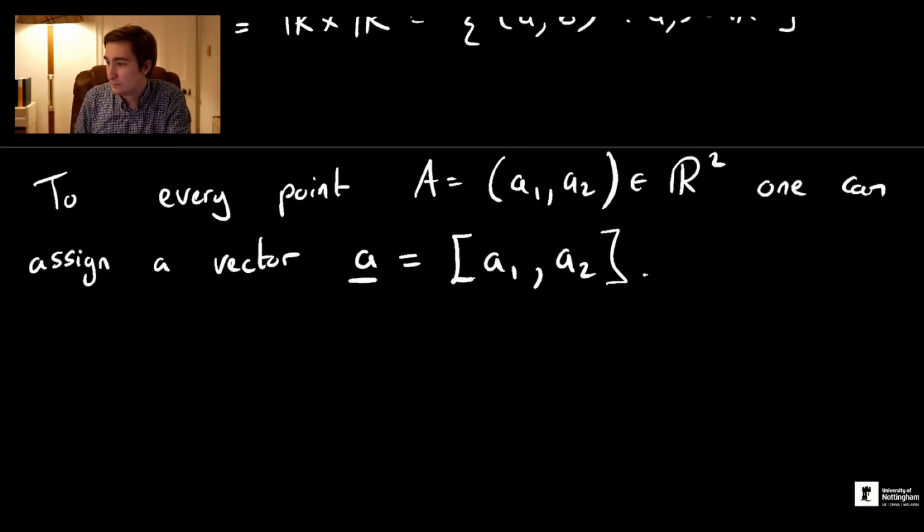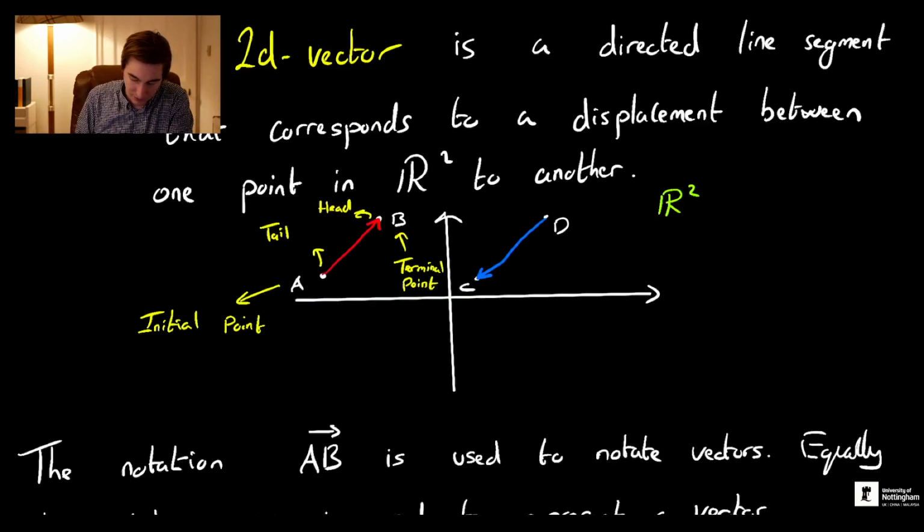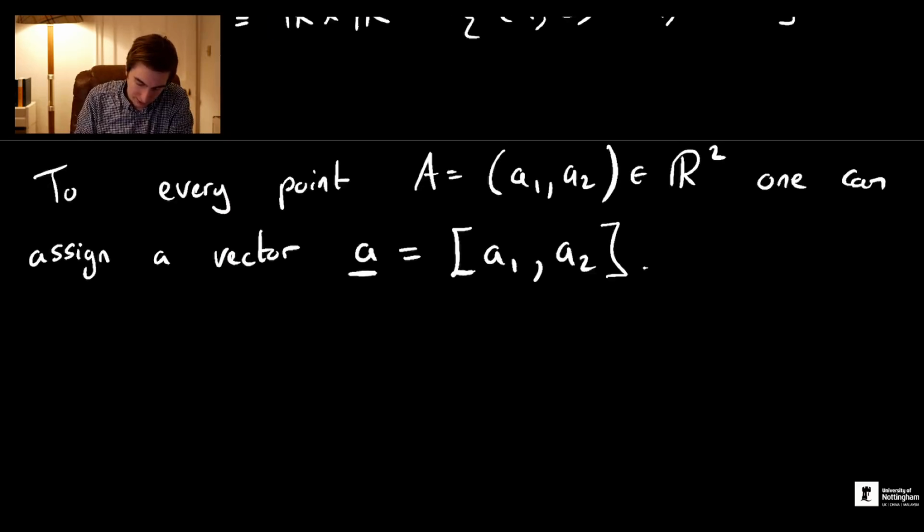Okay. Now, to every point in that space we can describe some vector, which comes from the origin. In other words, this vector is the same as OA, where O is the origin.